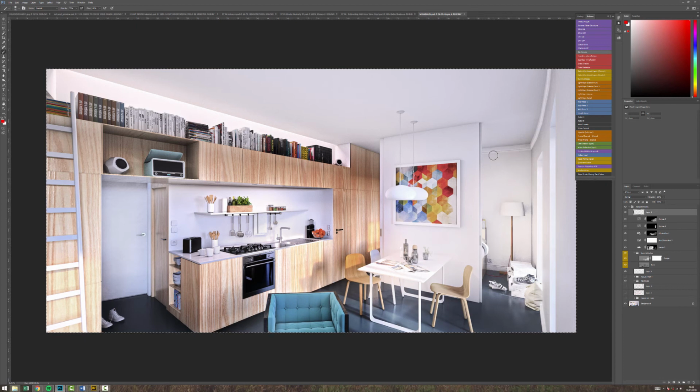Here, for example, the fact that you have exactly the same value here is a kind of problem. It would be interesting to have this wall here a tiny bit darker, just so that this one stands out a little bit more, and things like that.